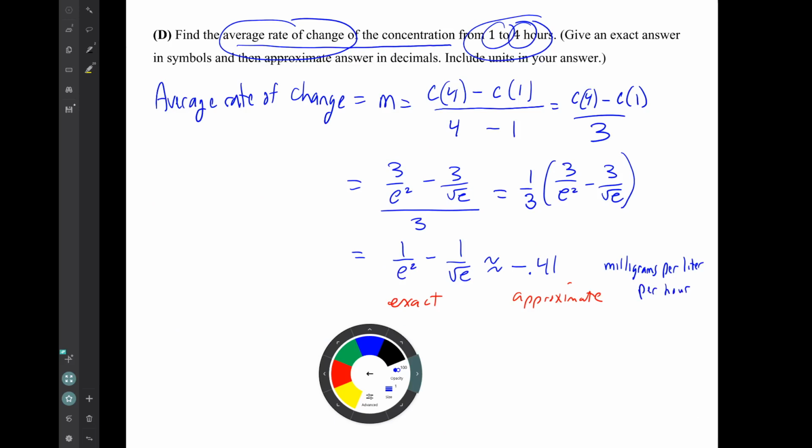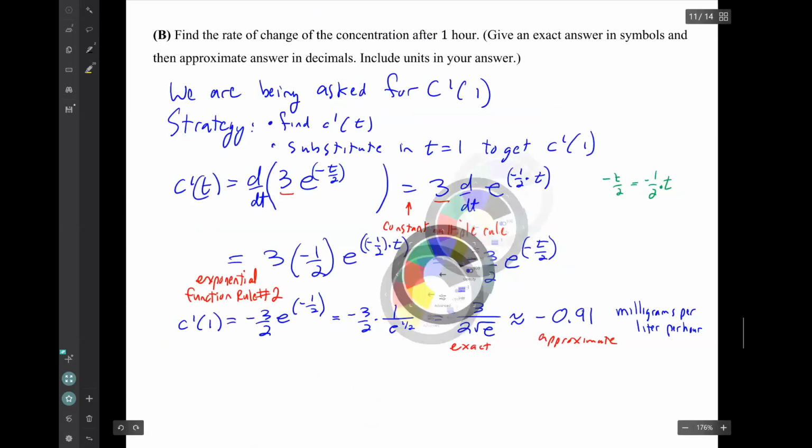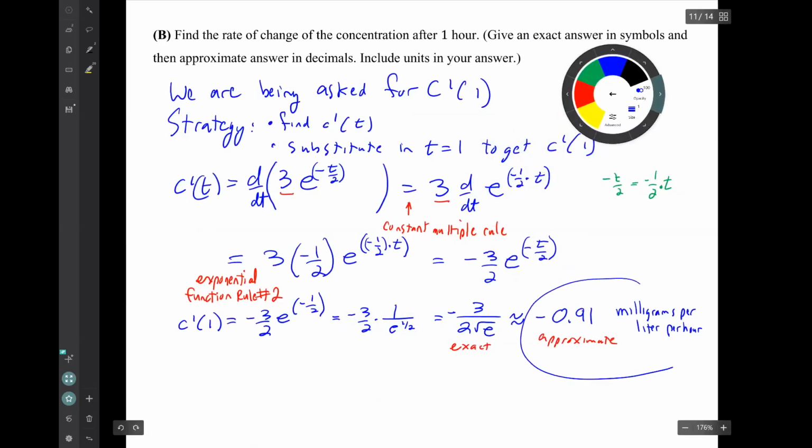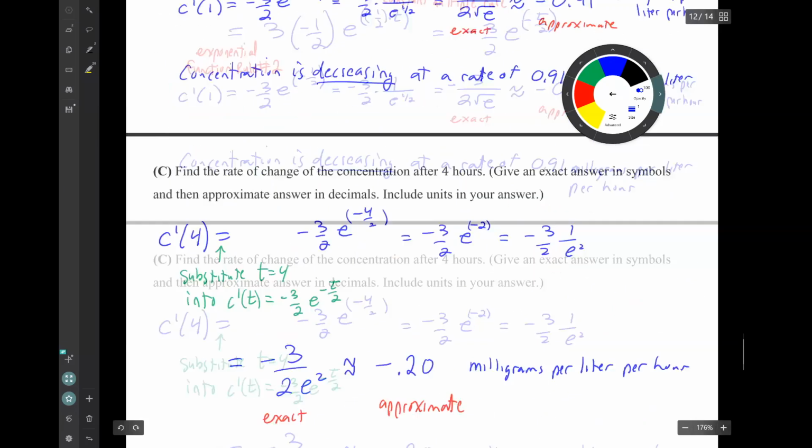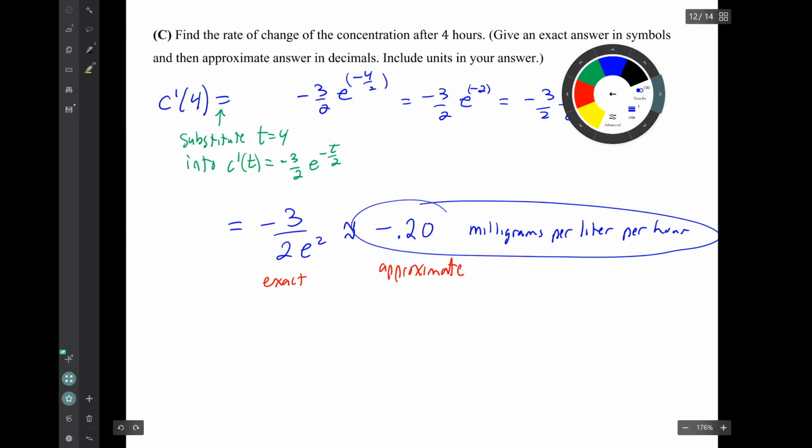So notice that in B, C, and D, the rates of change were all negative. In B, we found that the rate of change was this. That tells us that the concentration is decreasing at that rate at that time. So 0.91 is the rate at which it's decreasing. In other words, C prime of 1 was a negative number. In question C, this result tells us that at time 4 hours, concentration is decreasing at that rate.